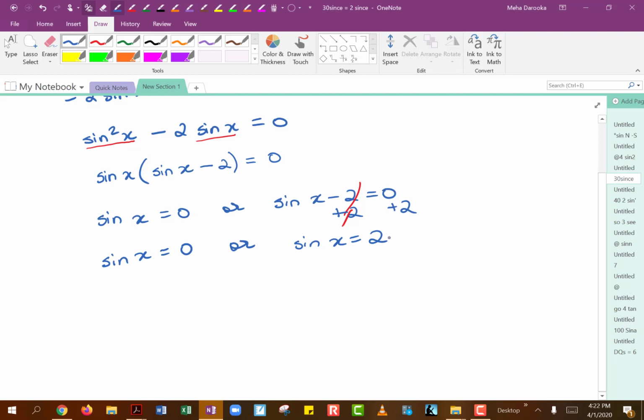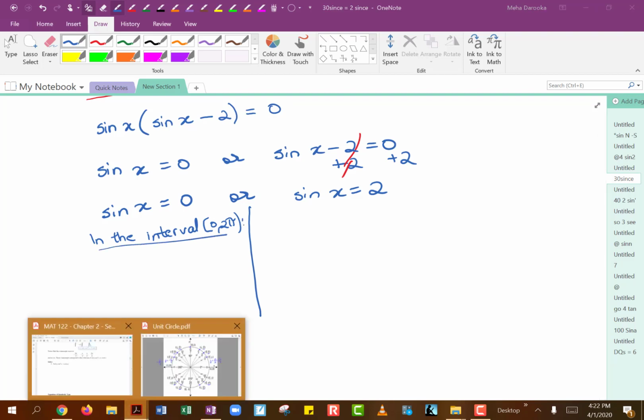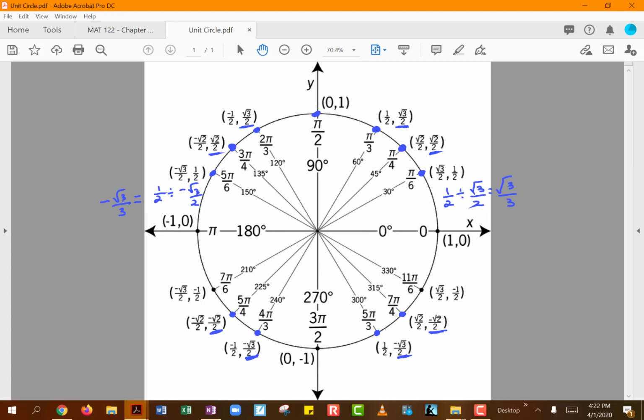So let's look at this first function here. Where is sine of x going to equal 0, and let's do that in the interval of 0 to 2 pi, because again sine has a period of 2 pi. If you need help, you can look at the unit circle here again.